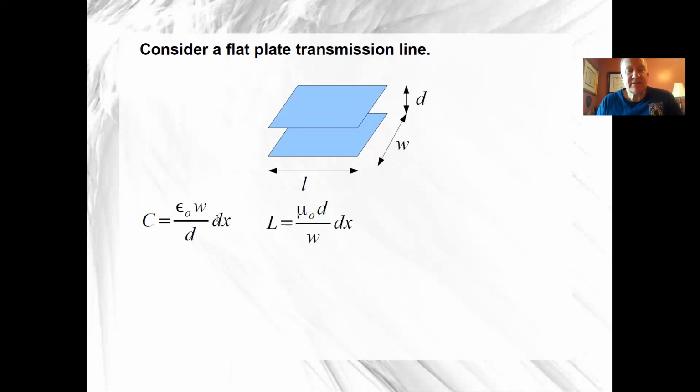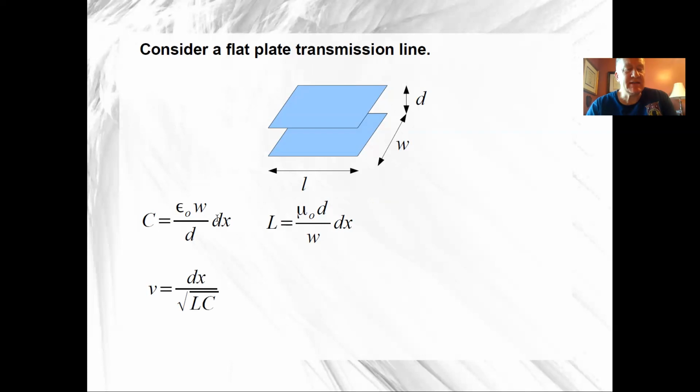The inductance is equal to mu naught d, the distance between the plates, divided by the width, times the length, and once again, in this case, the length is dx.